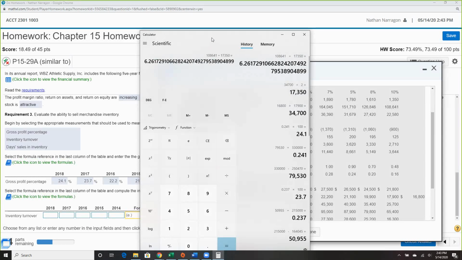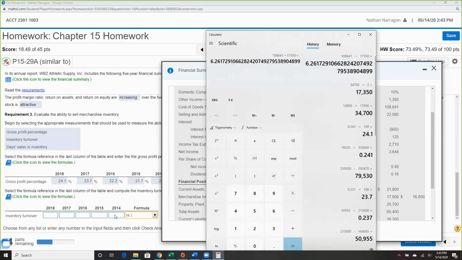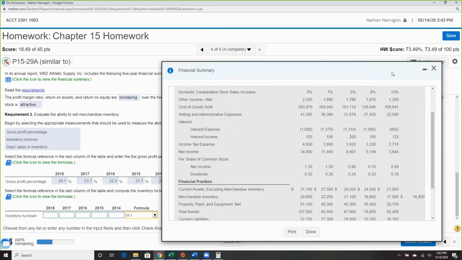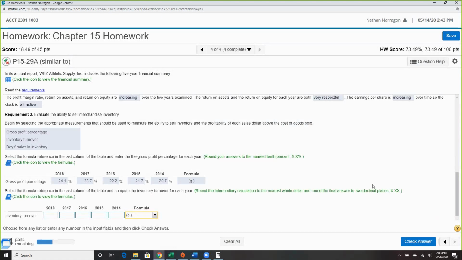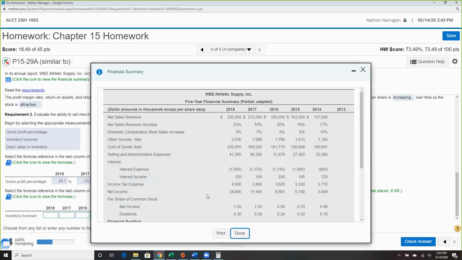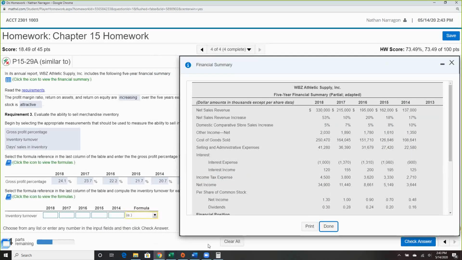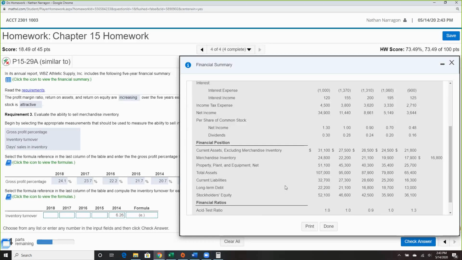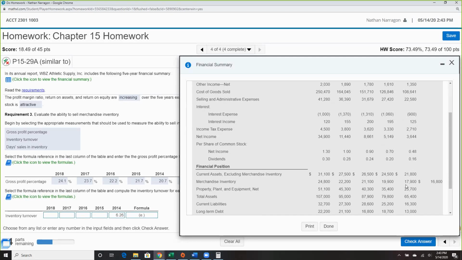So this one is not a percentage. So this one, we need to round 2 decimal places. Okay. So this was 6.26. So naturally, if we're thinking sales have increased each year, we should actually see a turnover that should increase. We're selling more. So let's see if that's actually happening. So next, 15.